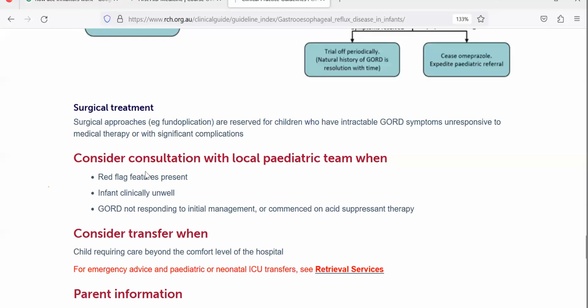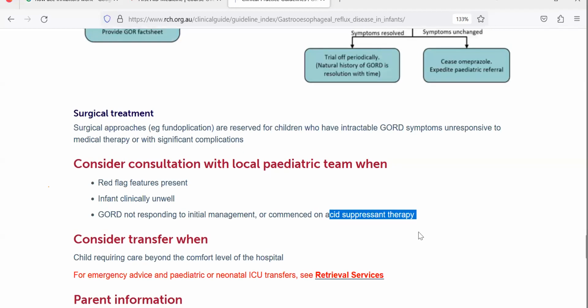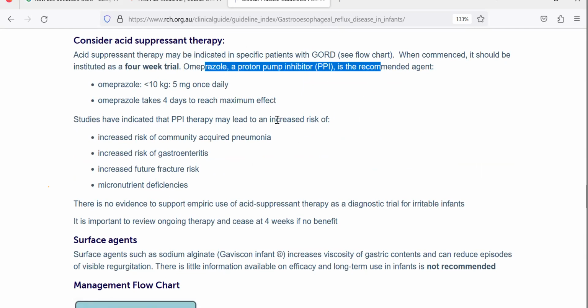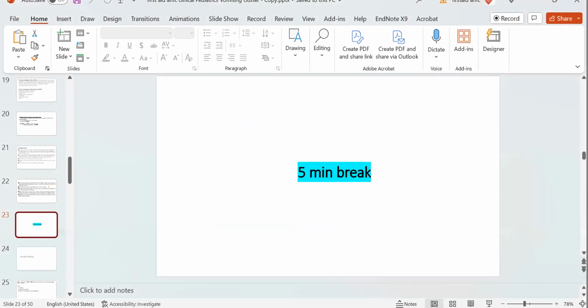And consider consultation with a local pediatric team if there is a red flag present, the patient is clinically unwell, and if you have tried gastroesophageal reflux disease management, but still nothing is helping, especially even after starting the acid suppressant therapy, which is your PPI, like you can try omeprazole, which is usually the recommended agent. Still after that, if gastroesophageal reflux disease symptoms are not responding, then yes, you have to refer the child to the pediatrician. Okay, so go through this guideline as well.